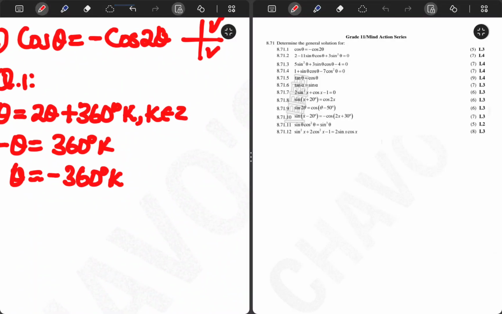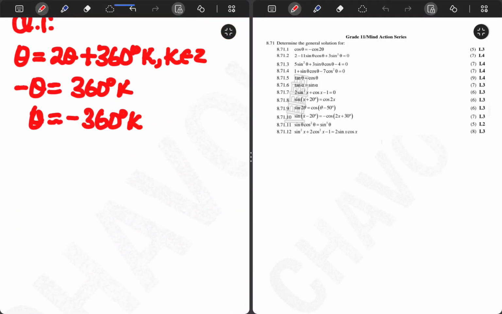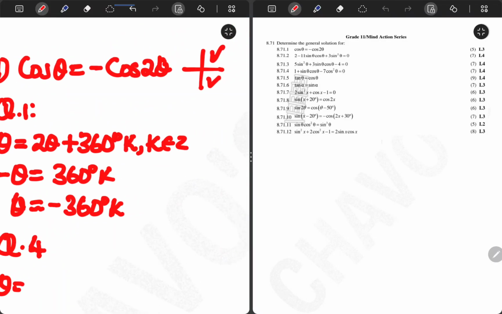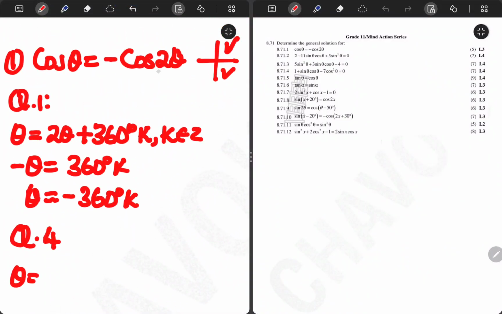Then let's go and look at the next one here. Let's say quadrant 4. And talking about quadrant 4, we're going to say theta. Okay, I need to write well. Theta equals, in quadrant 4, we've got 360 minus the angle on the right, which is 2 theta.